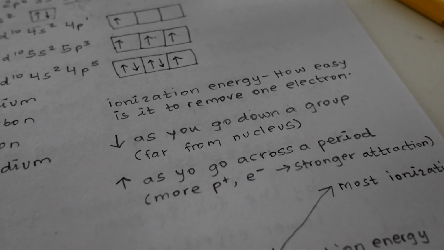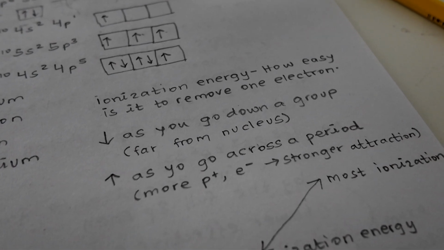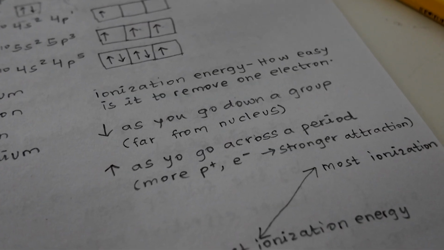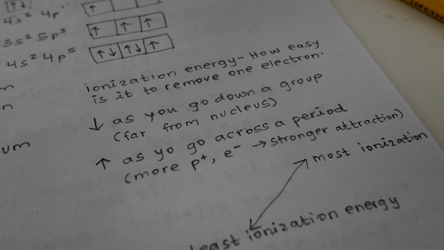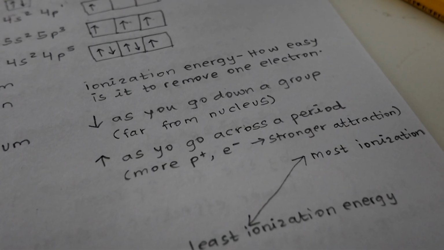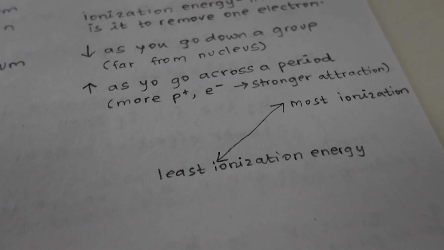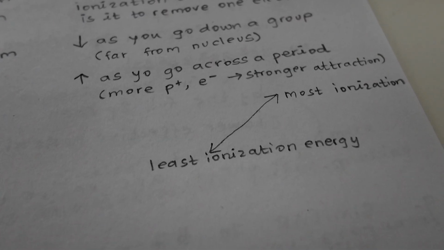And then as you go across a period, it gets easier to remove an electron. So you increase your ionization energy as you go across a period. So the general trend is in the top right corner, it is easiest to remove an electron, and the bottom left corner has the least ionization energy.